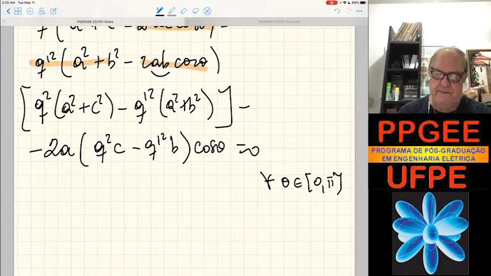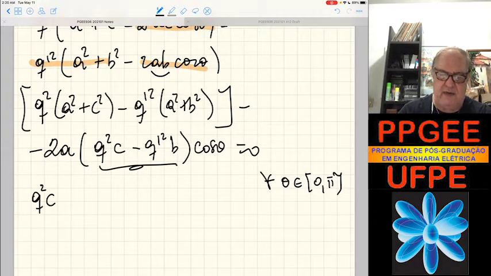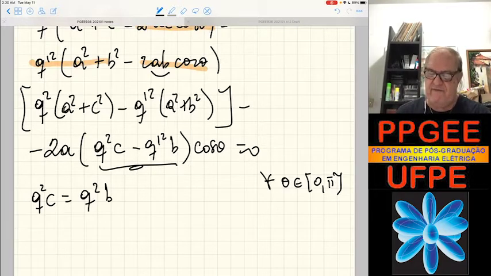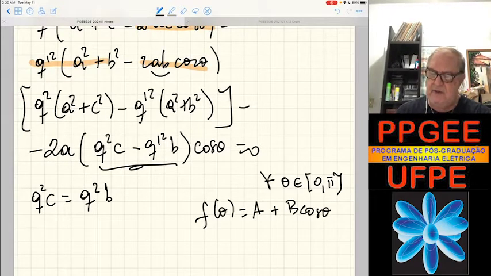So we have here one relationship. Q² C equals Q'² B. Think of a function of theta, something like A plus B cosine theta. We want it to be 0 for all theta in the interval from 0 to pi, so A has to be set equal to 0 and B too.